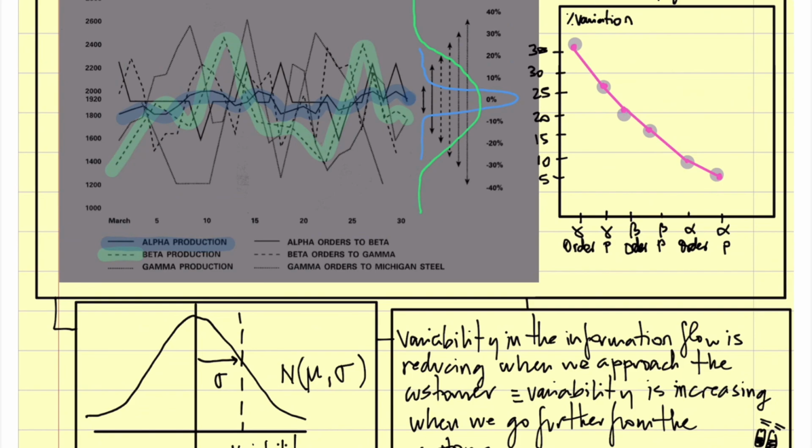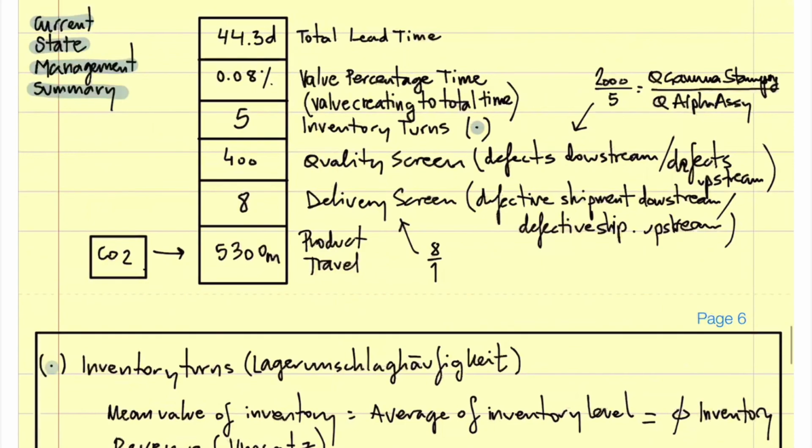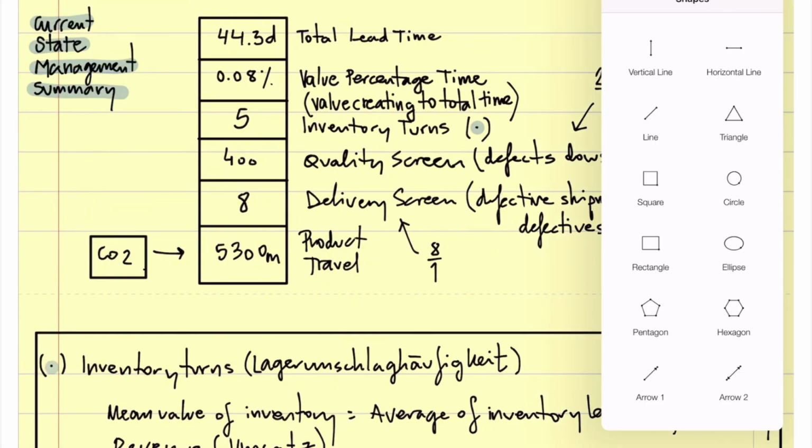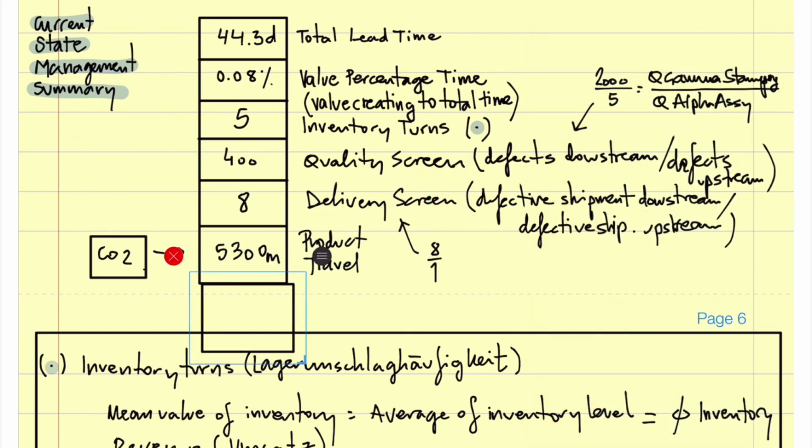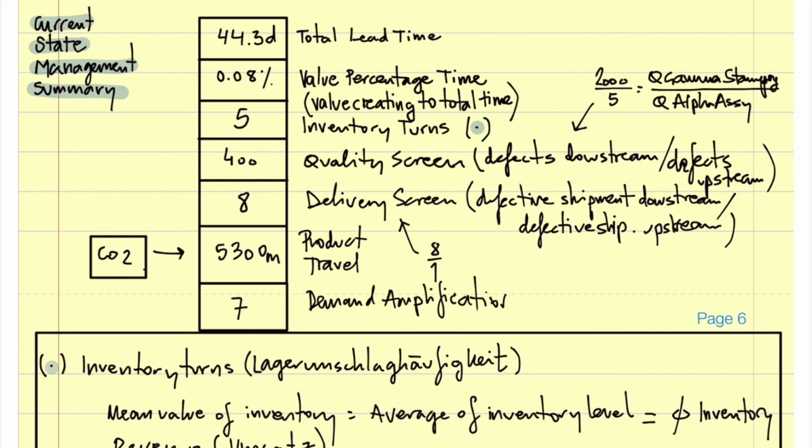So we have a demand amplification index that we can add here, in a rectangle. The demand amplification index is just the ratio, the percentage of change in demand downstream and upstream.